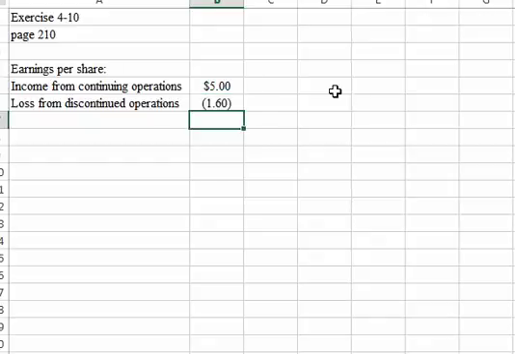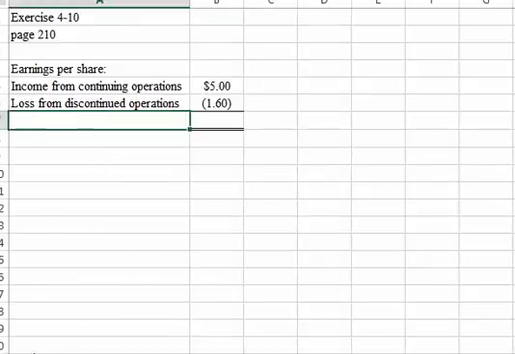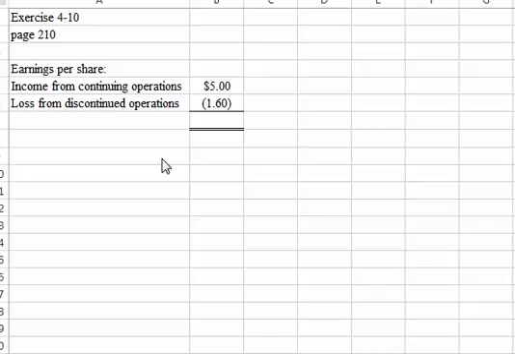So that gives us a negative $1.60. Right now we're going to total that. And the total would give us our earnings per share on net income, but let's calculate it separately.